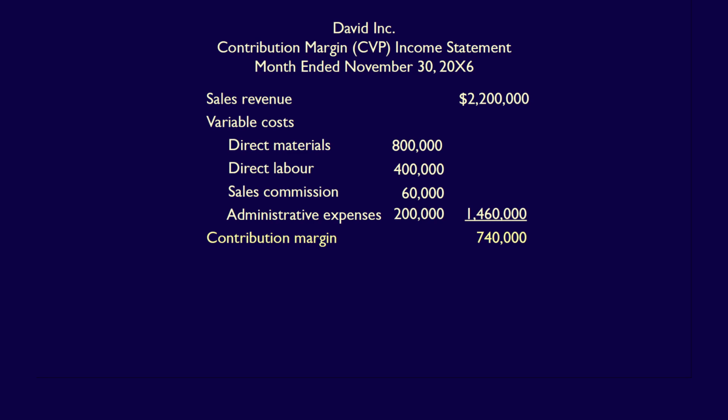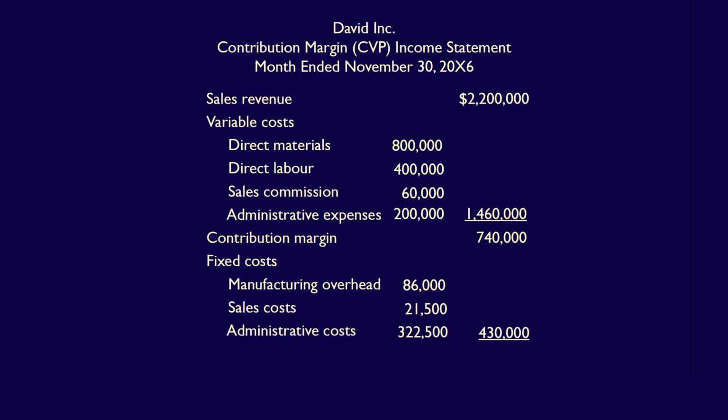Note that this is the total contribution margin, but we can calculate the per unit contribution margin by dividing the total contribution margin of $740,000 by the number of units sold, which in this case is 2,000 units. Moving forward with the statement, we then have the heading fixed costs, followed by a listing of the fixed costs.